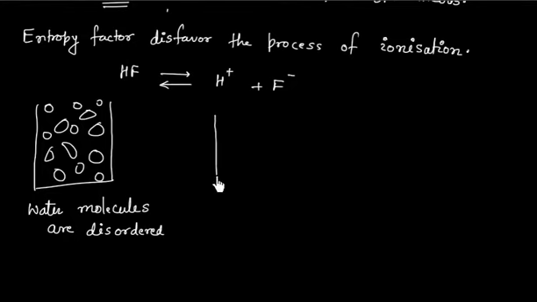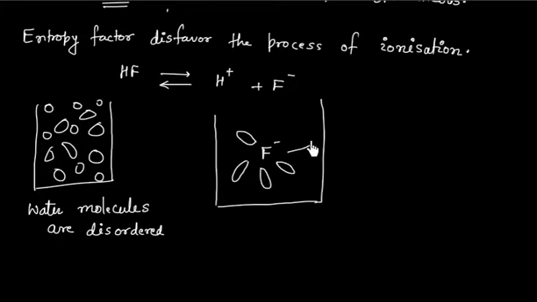But now after ionization, what happens? You see here, this F minus has a negative charge. This basically gets solvated by the water molecules. A water molecule has a dipole moment. This has a positive end, this has a negative end. So F minus gets surrounded by water molecules, and now these water molecules get ordered. That is due to hydration of F minus.